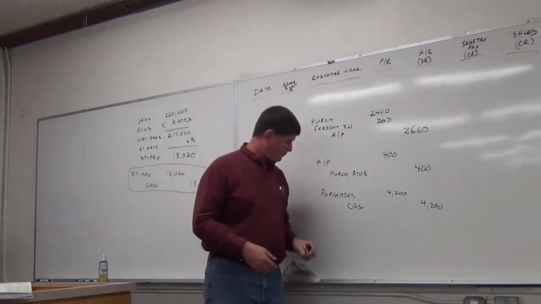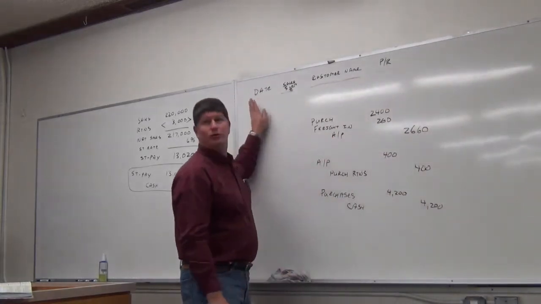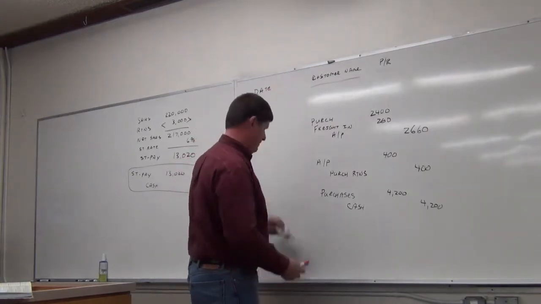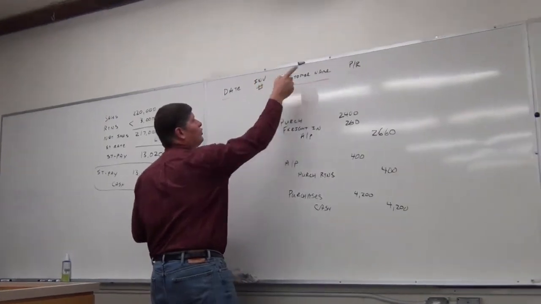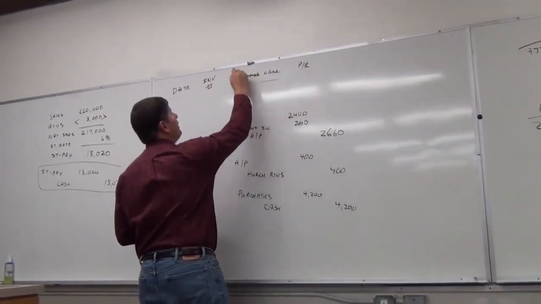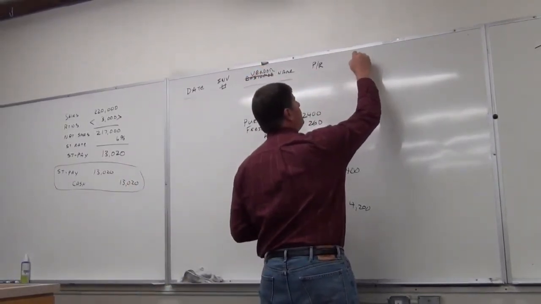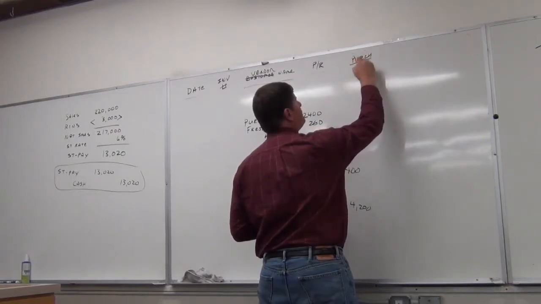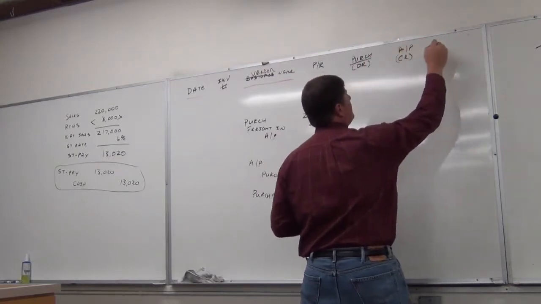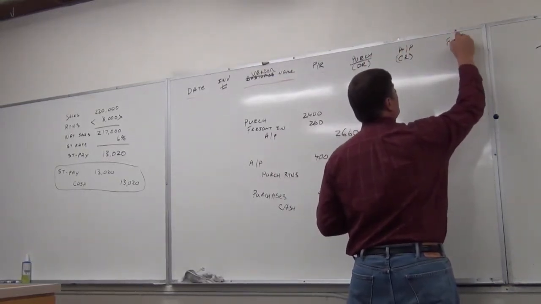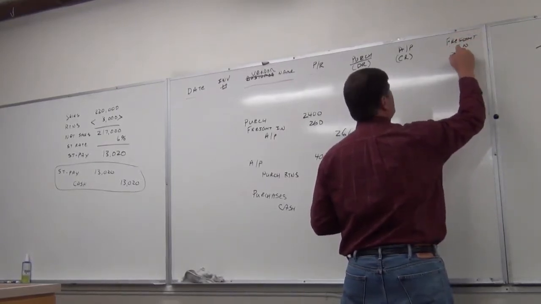Okay, what are the headers for the purchases journal? Okay, here's our purchases journal. Date, invoice number, terms, vendor name, post reference, purchases debit, accounts payable credit, and freight in debit, right?